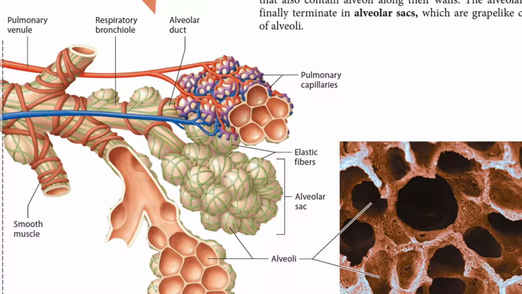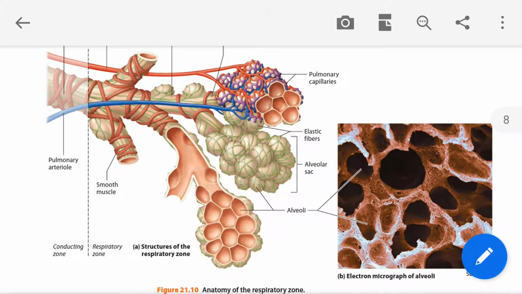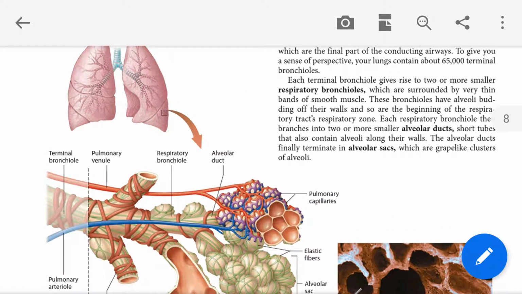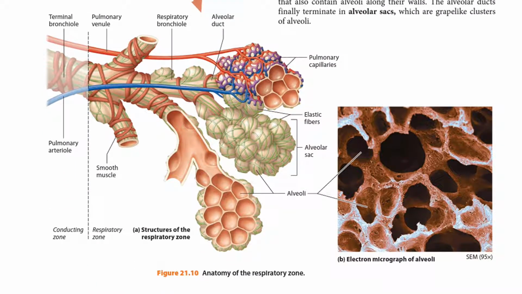In the respiratory zone, the respiratory bronchiole, alveolar duct, alveolar sac, and alveoli are all included. So go through all the names, read them and try to remember all the names.